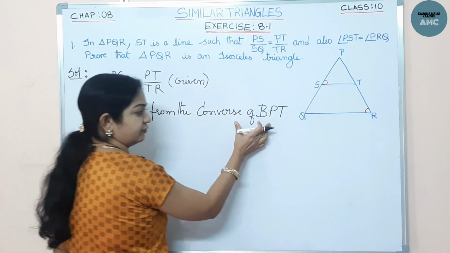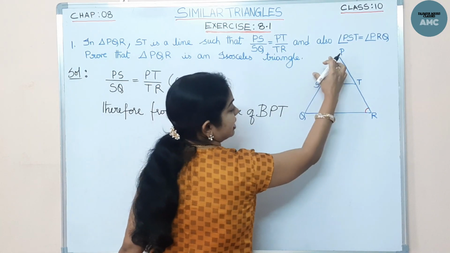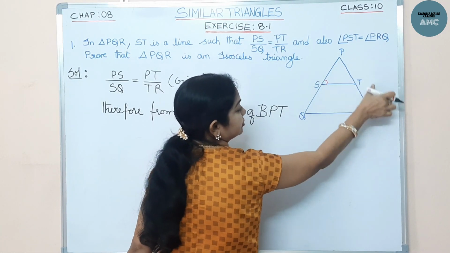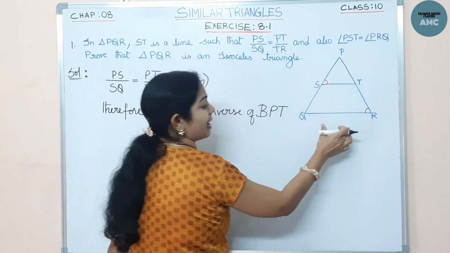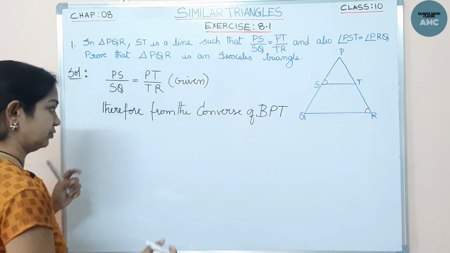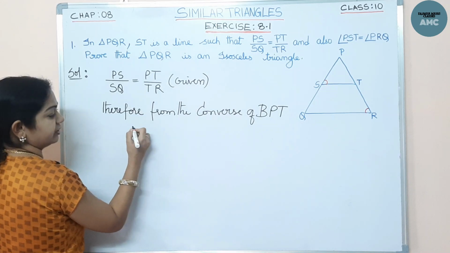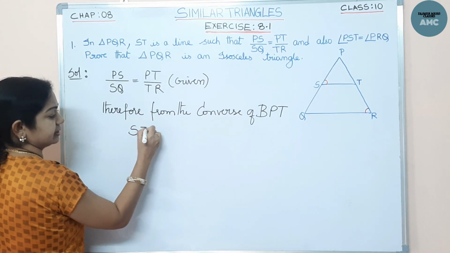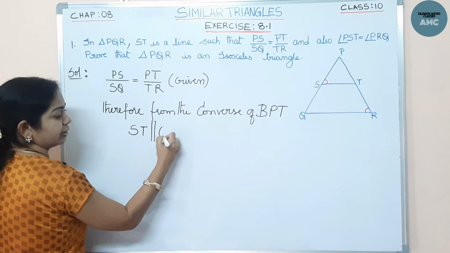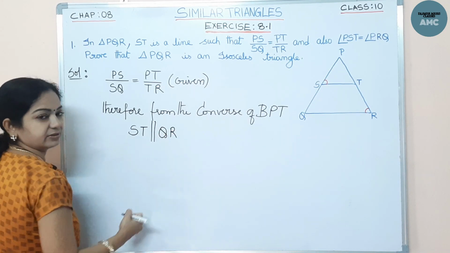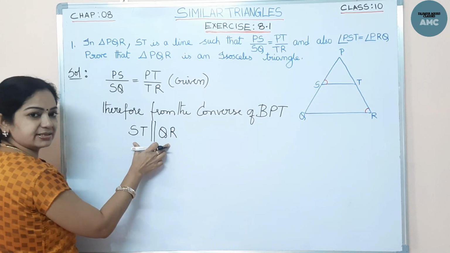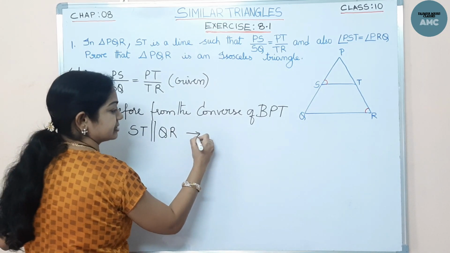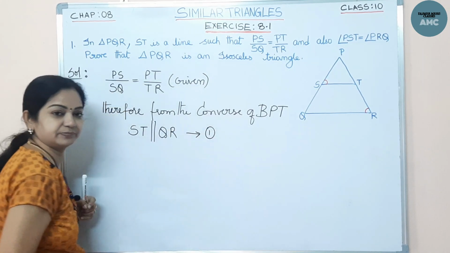From the converse of the basic proportionality theorem, it tells that when it is divided into the same ratio, then this line is parallel to the third line. So from the converse, I can infer here ST is parallel to QR. We know the ratios, so from the converse, we got this as parallel. Let me say this as equation 1 simply, right?